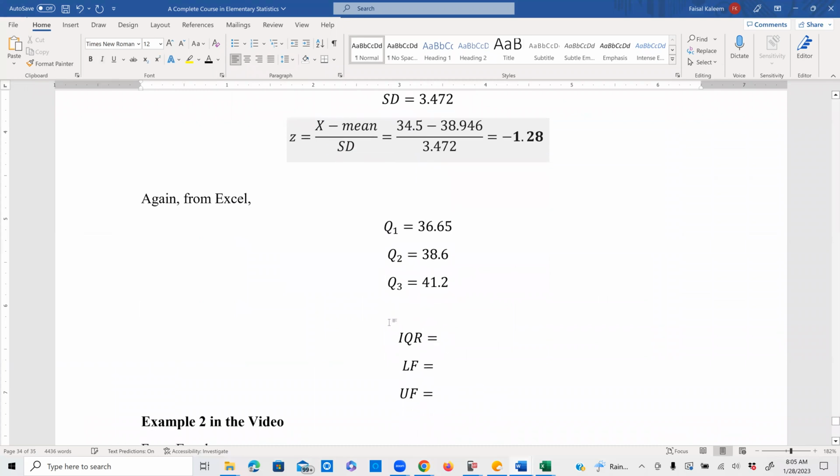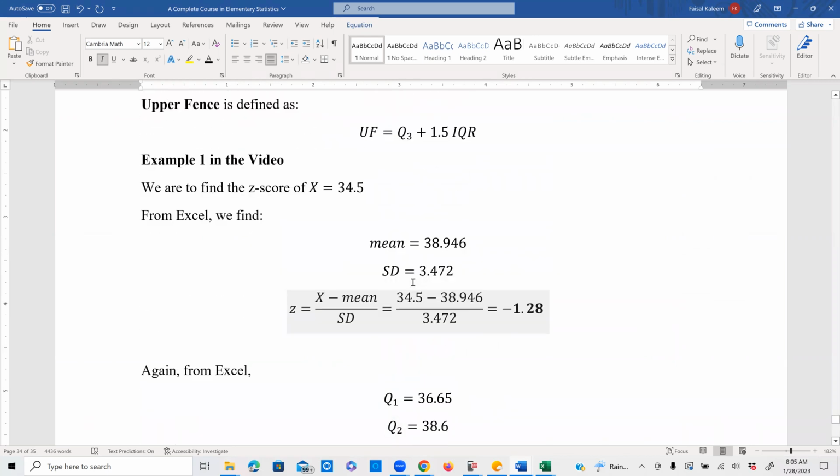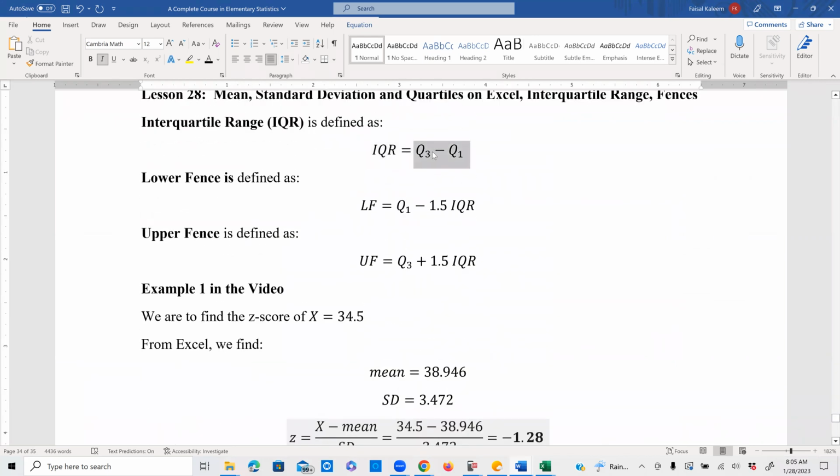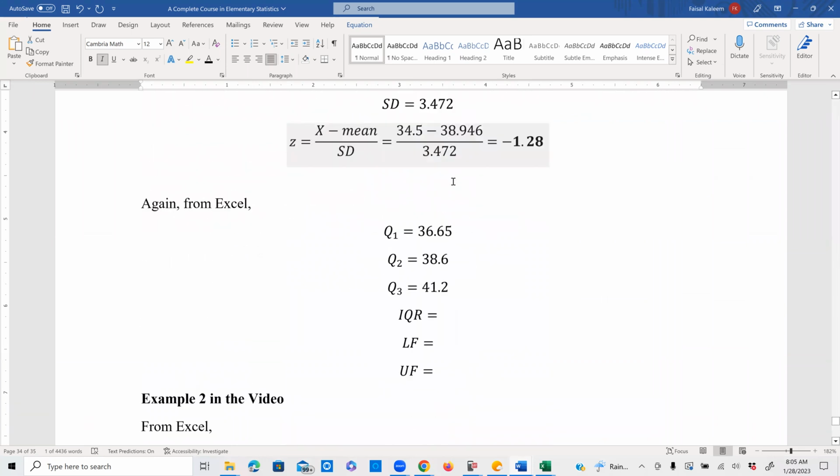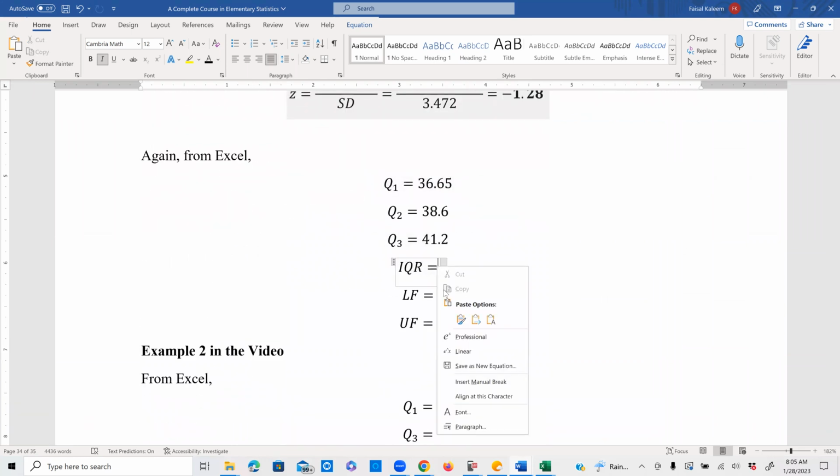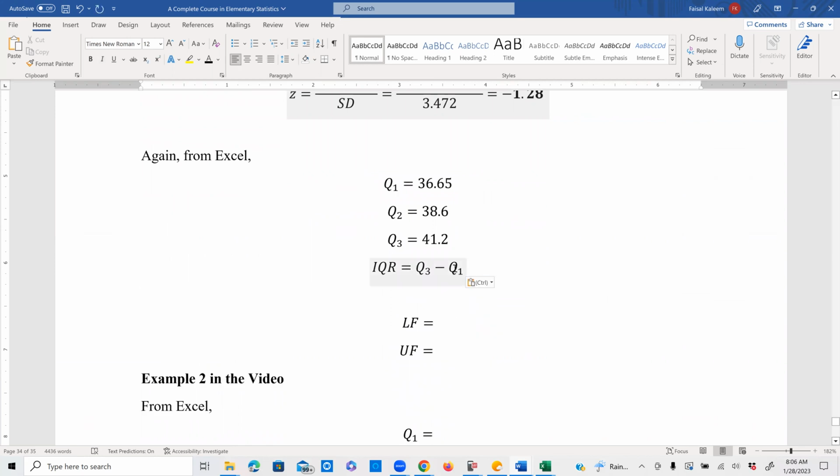Interquartile range is Q3 minus Q1, and that will be equal to 41.2 minus 36.65, and that's equal to 4.55.